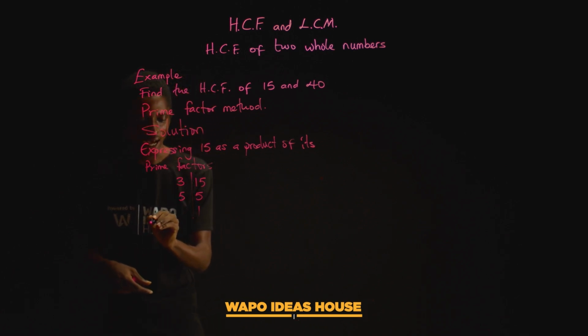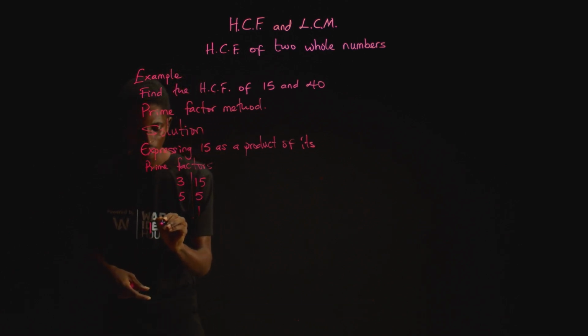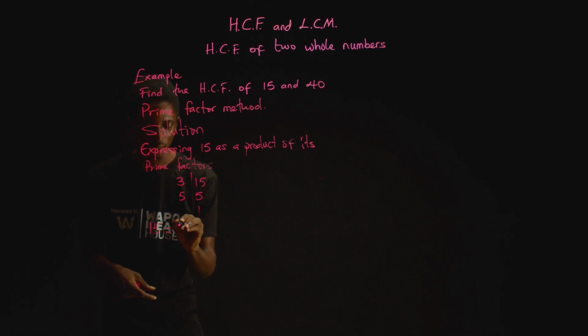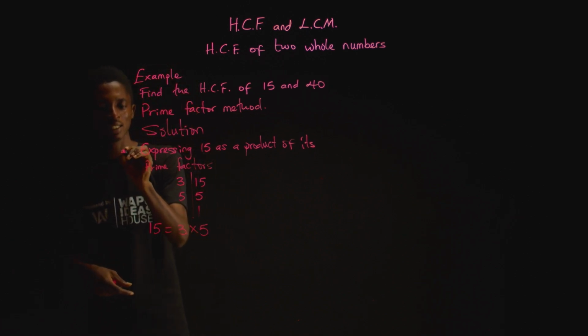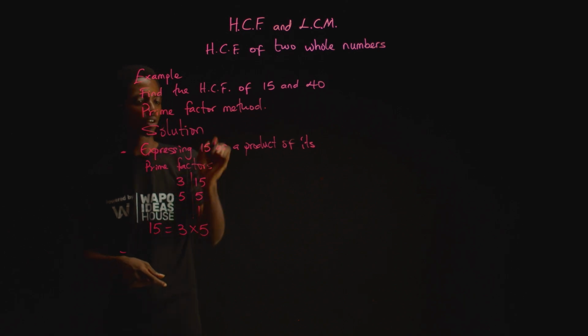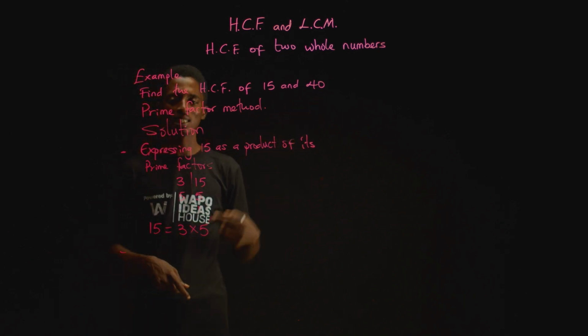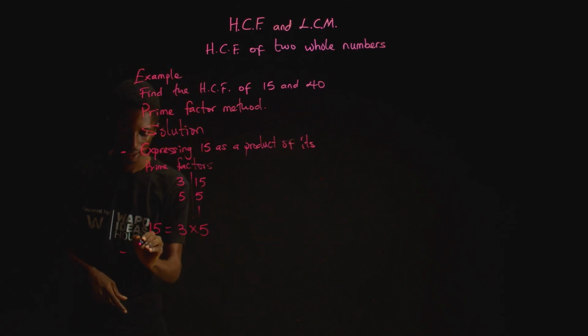That is, 15 equals 3 times 5. So this is the first step. Now the second step, we will express 40 as a product of its prime factors.